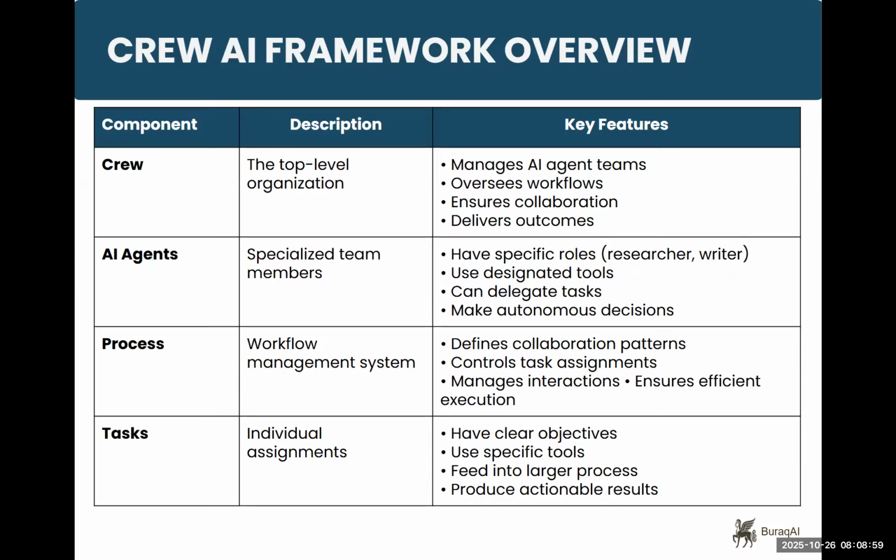Process and tasks is internal again: workflow management, how they collaborate and orchestrate, collaboration patterns, task assignments, managing interactions, and all of that. Task is what we do, having clear objectives. What is this agent trying to achieve? At the agent level, we give its role and the goal it has to achieve, and we have specific tasks that we break down and create for the agent. Those tasks are assigned to the agent.